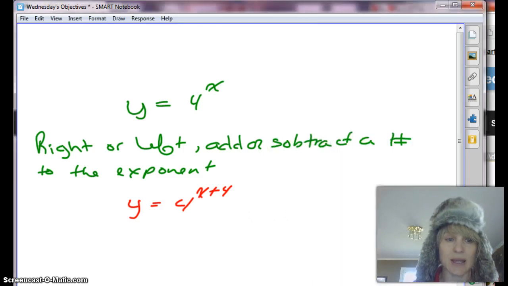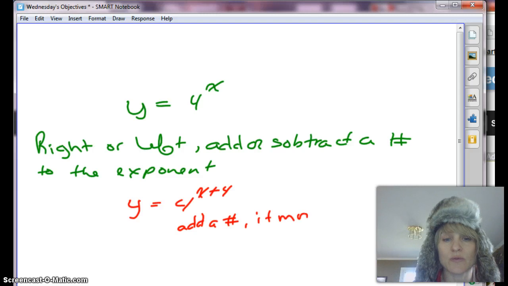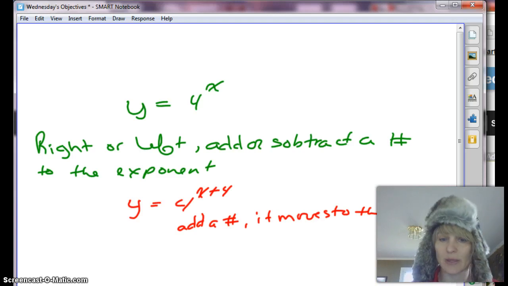So we can say here, when we add a number, it moves to the left. And then the opposite should be true if we subtract a number, okay?